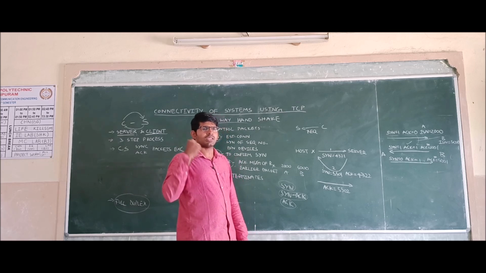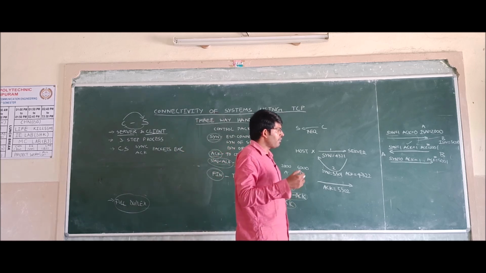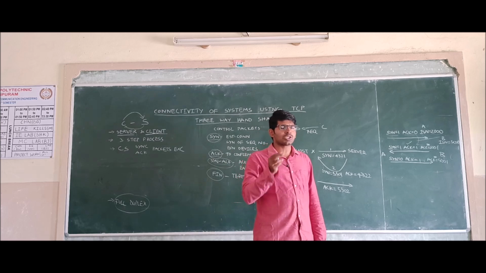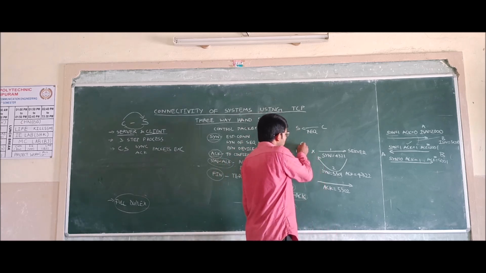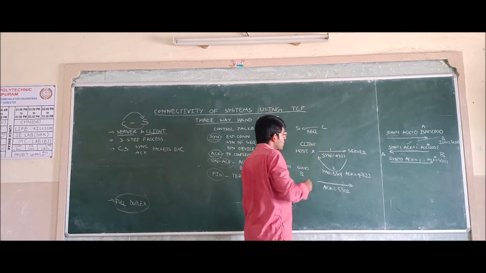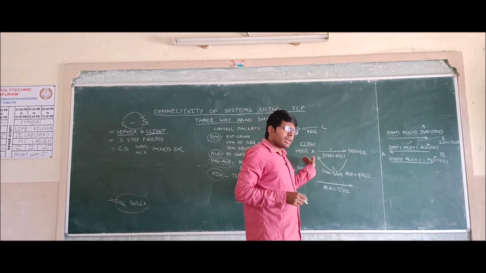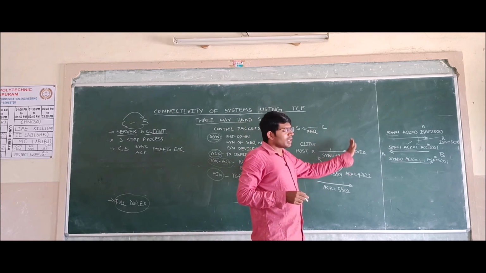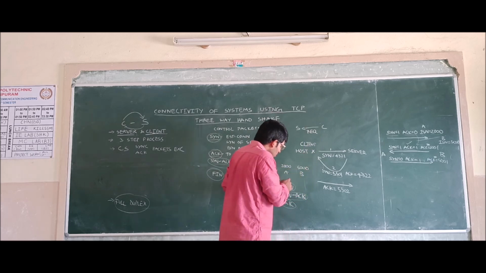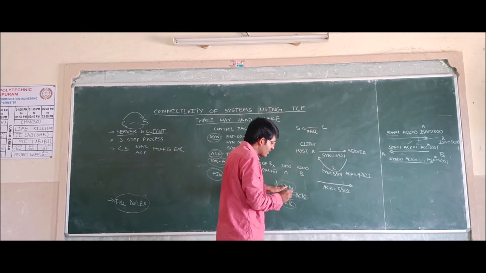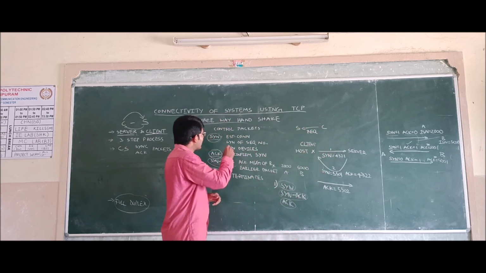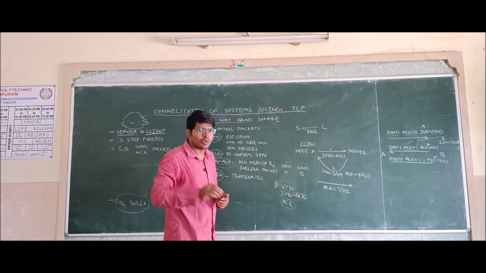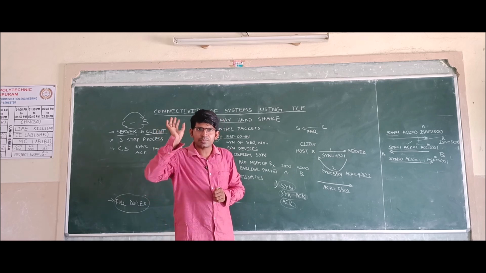Now we will try to understand. I will explain this concept by using 2 schematic diagrams. In the first schematic diagram, host X is the client. When the client wants to establish communication with the server, in step 1 it sends the synchronization message to establish the connection.